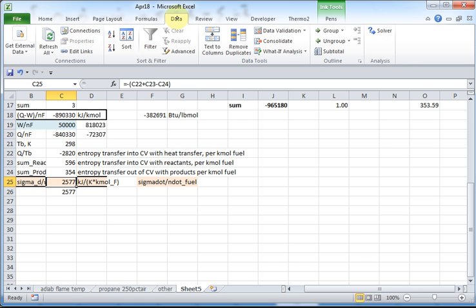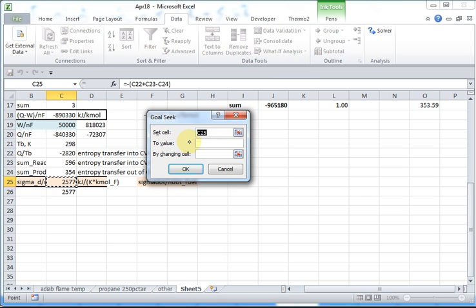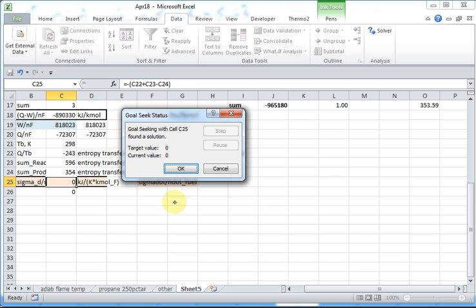So under the data tab, what if? Go to goal seek. I didn't name this thing. It should be like root finder or something like that. Okay, and it says take that cell, which is C25. I want to set it to make it go to a value of 0 by iteratively changing this one, and then there it is.